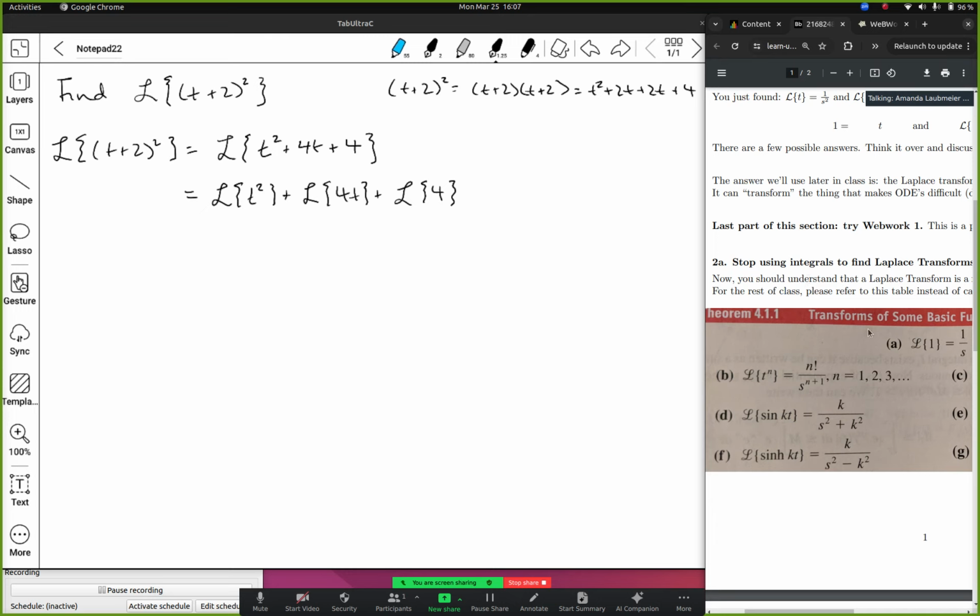And then we can see that we actually don't know like L of 4t, but we do know L of t by itself, or we don't know L of 4, but we do know L of 1. So we're also going to have to pull out the constant numbers that we're seeing here. And when I was doing the addition, I just pulled it outside the Laplace. Same thing when I have multiplication by a constant number, I just pull it outside.